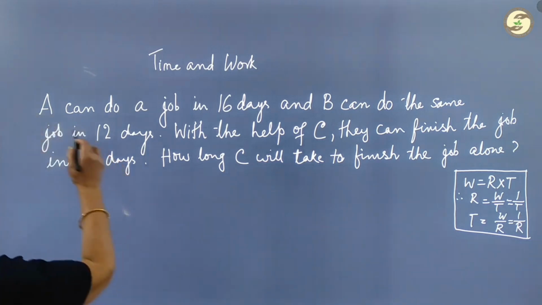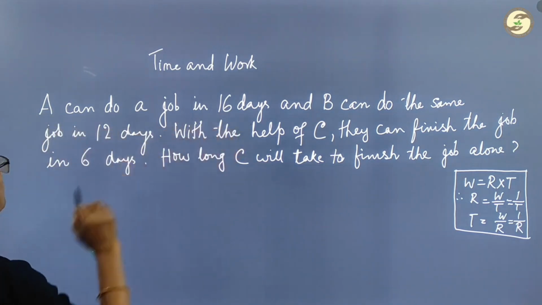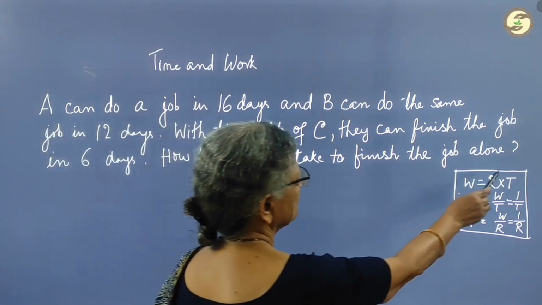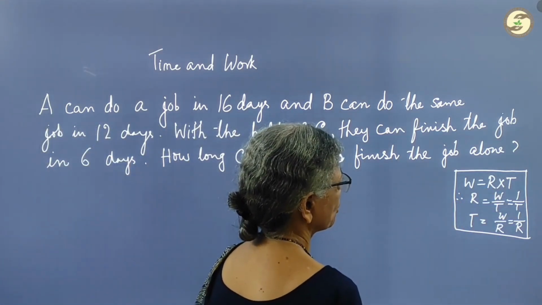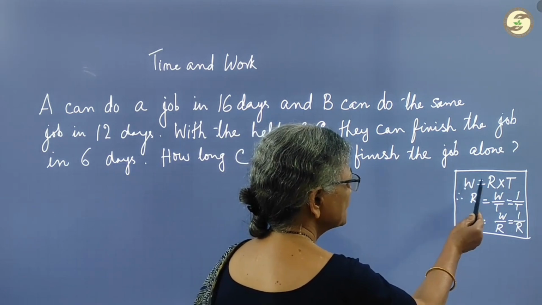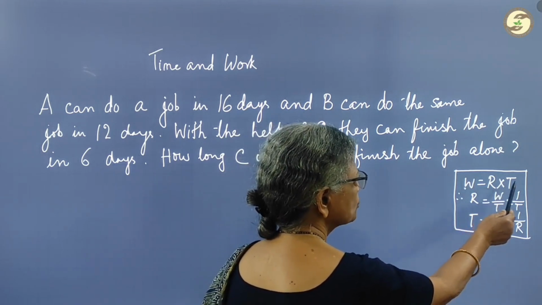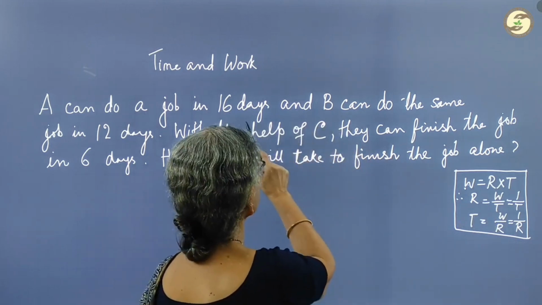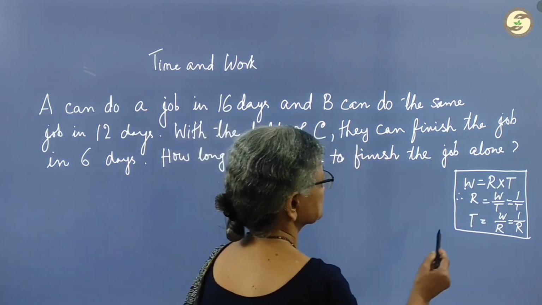So what is the rate of work of A? We have kept the formula in the box. Work done is rate of work into the total time. Rate of work in 1 day, because the unit is in days.